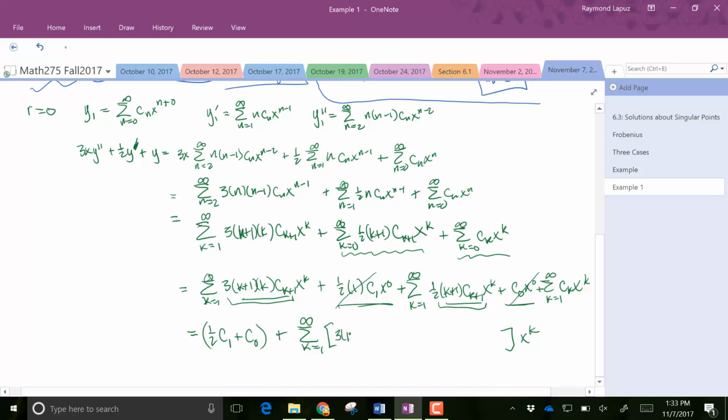That's 3 times k plus 1 times k plus 1/2 times k plus 1. So that has a k plus 1, c sub k plus 1 multiplied next to it. And then the other term that we have left with x to the k is just c sub k.